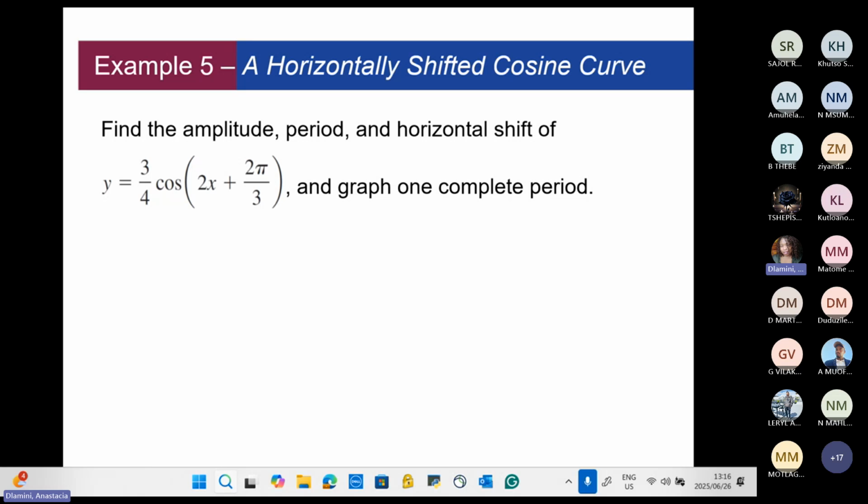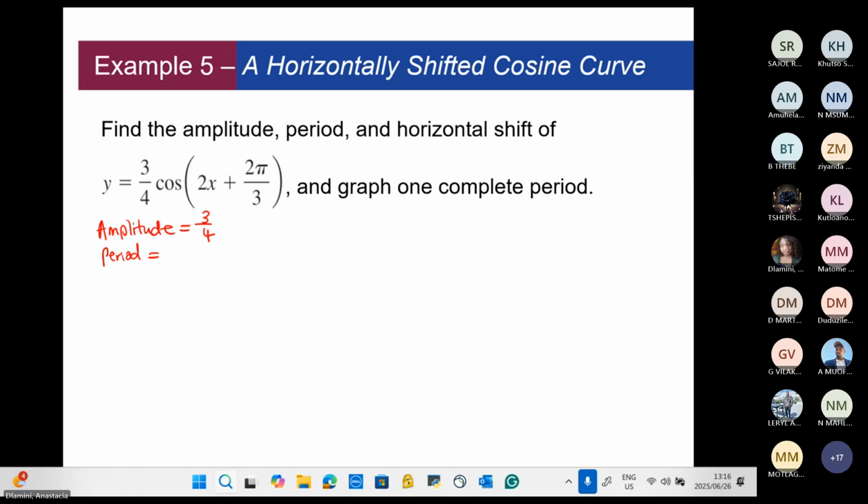Where do we start? Amplitude. Give me the amplitude. Fast. 3/4. Positive 3/4. Thank you. Period. 2 pi over 2. 2 pi divided by 4. There are so many answers. Please help. Period.